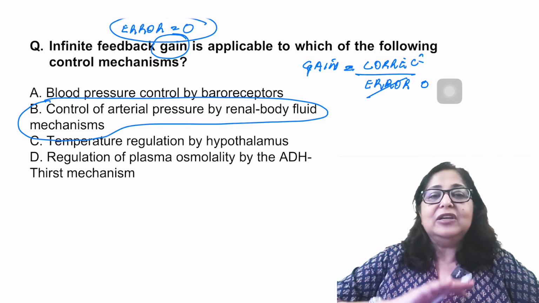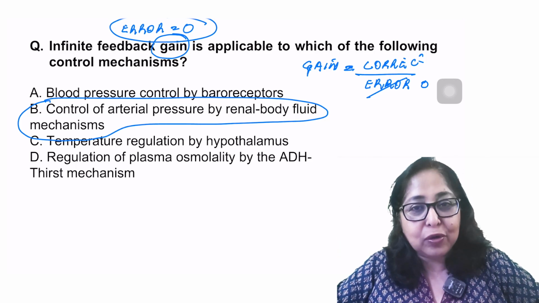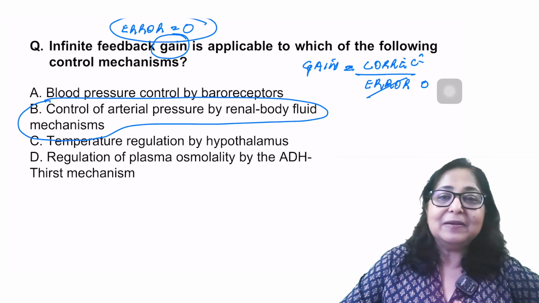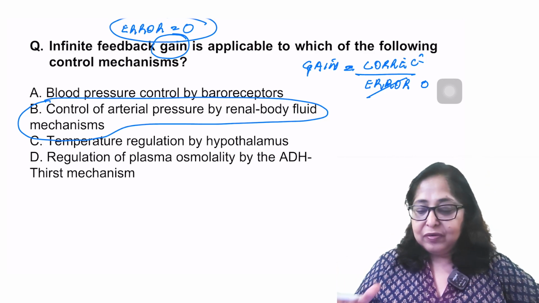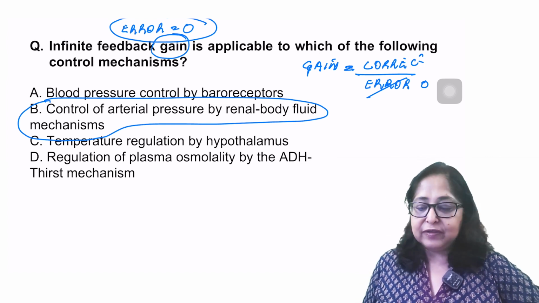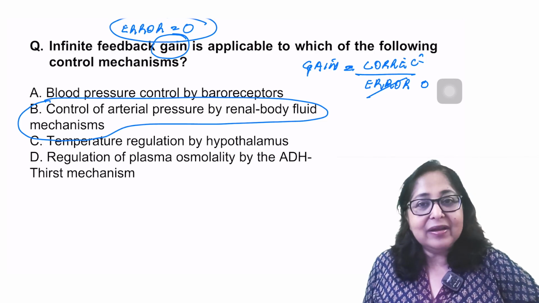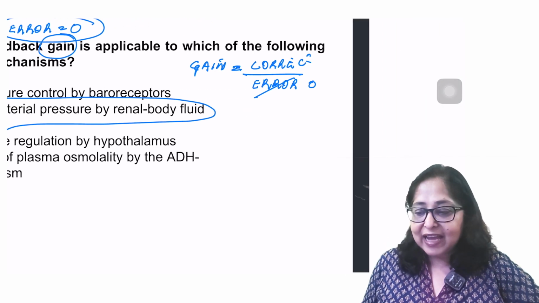The kidney will do 100% correction to restore the ECF volume and therefore control blood pressure. So renal body fluid mechanisms, control of arterial pressure by renal body fluid mechanisms has a 0 error and an infinite gain.